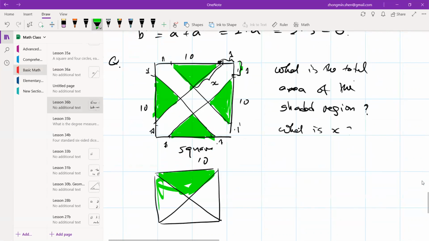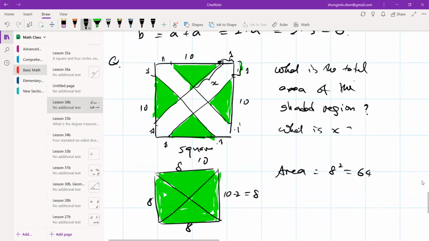You remove the space, remove the sidewalk, then you get the area. So this side would be 10 minus 2, which is 8. 8, 8, 8. So the area is going to be 8 squared, 64. Right? Whoa. And then once you get that, you can get x quickly.